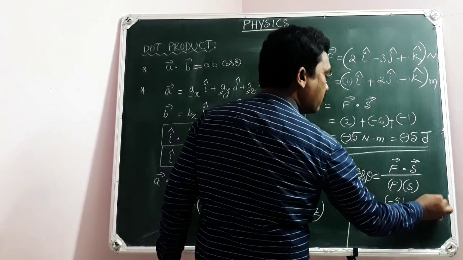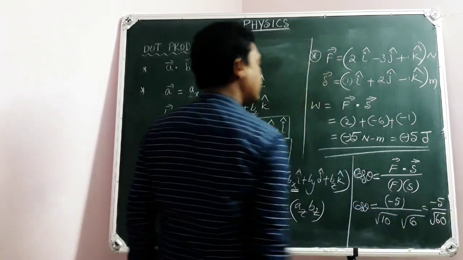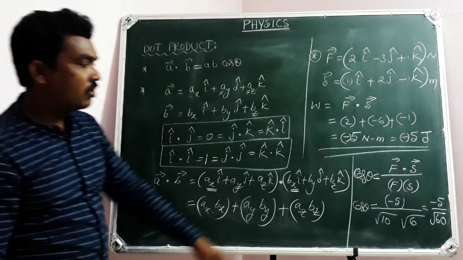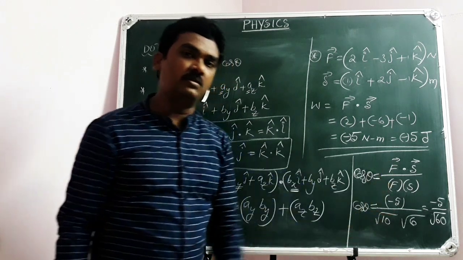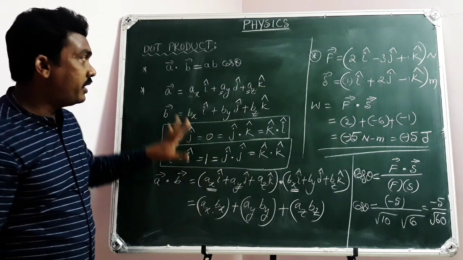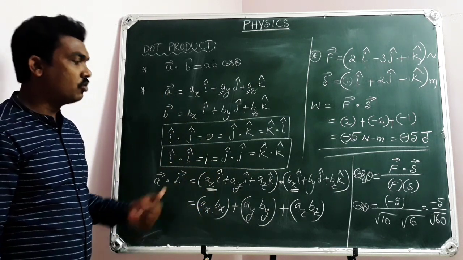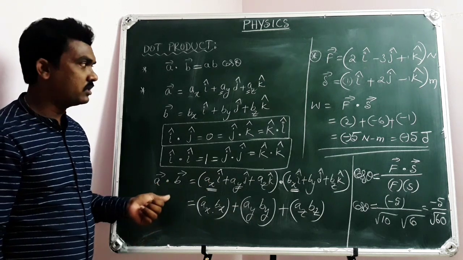So this is equal to minus 5 by root 60. That is the cos theta value. As I know the cos theta value, theta can be calculated. This is a little bit more application part on the concept of dot product of vector physical quantities. Once we are done, we have a little more to discuss on this.